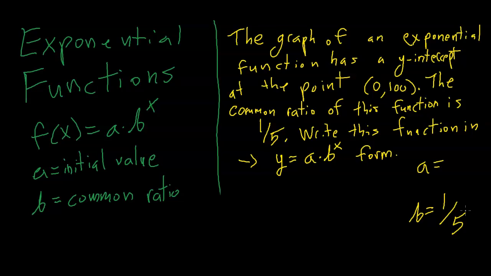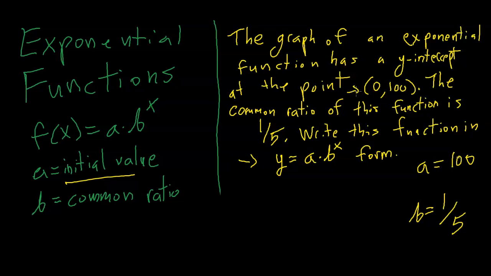How do we find a? Remember that a is the initial value, the value at which the relationship starts. It is the value of the y-intercept, just like b in our y equals mx plus b linear functions. And what is the value of the y-intercept? It's positive 100, because when x equals 0, y equals 100, according to the information we were given.